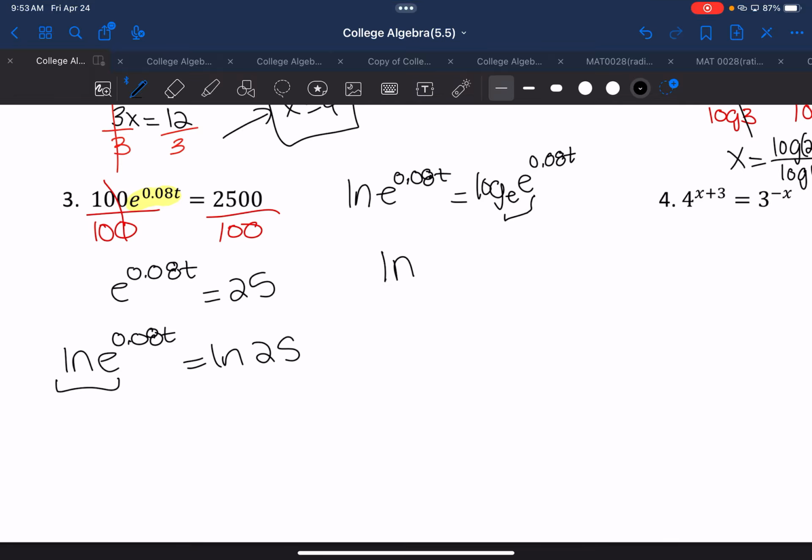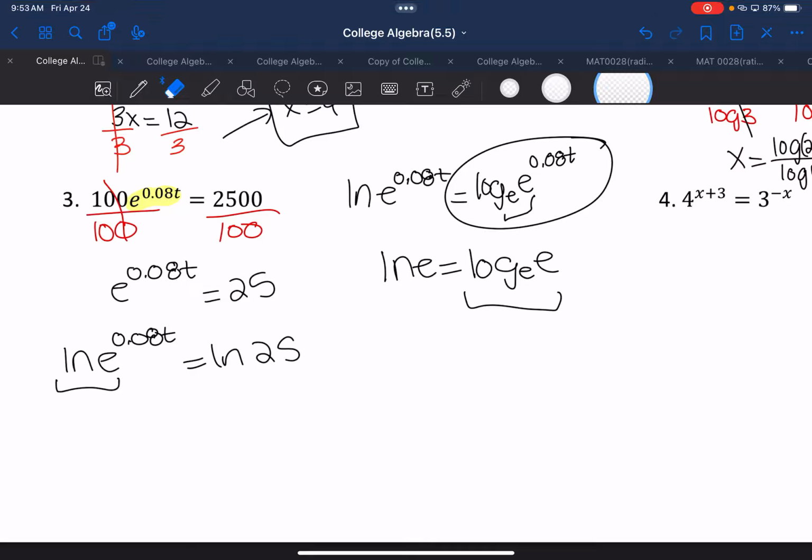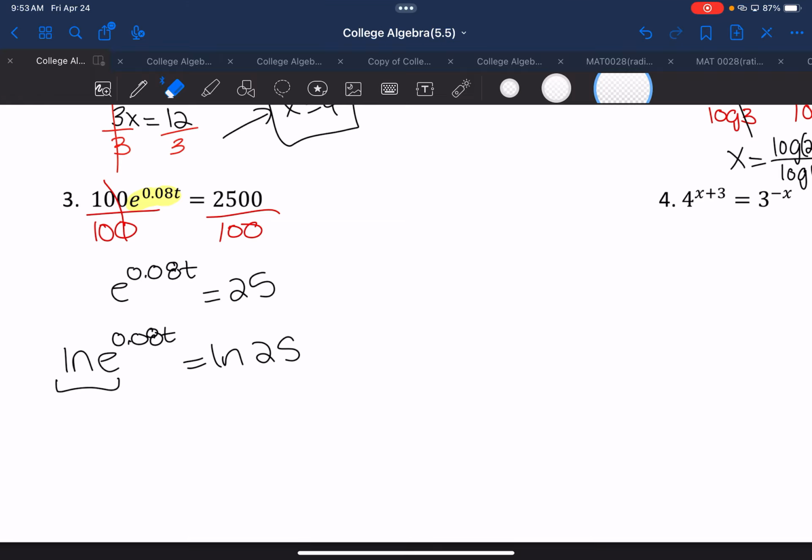And we learned that this is just equal to 1. So either way, but we already kind of learned this property. If those bases are the same, it just cancels and leaves me with the exponent. And that's how you can always think of ln of e. ln of e, it'll just cancel. It's equal to 1. So if there's an exponent on there, it'll just cancel and leave me with the exponent, 0.08 t. I guess I could have left that up there.